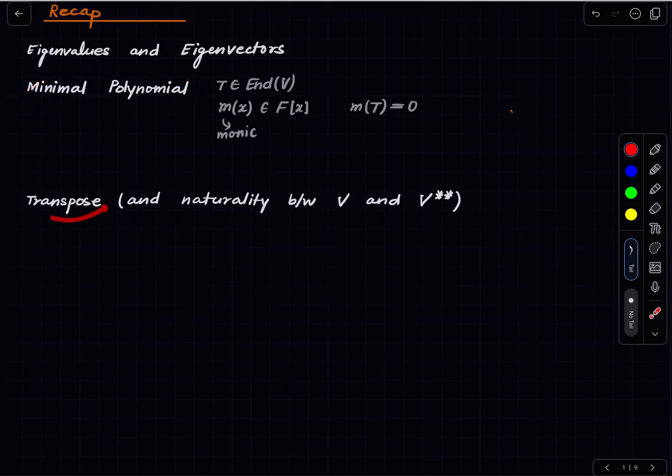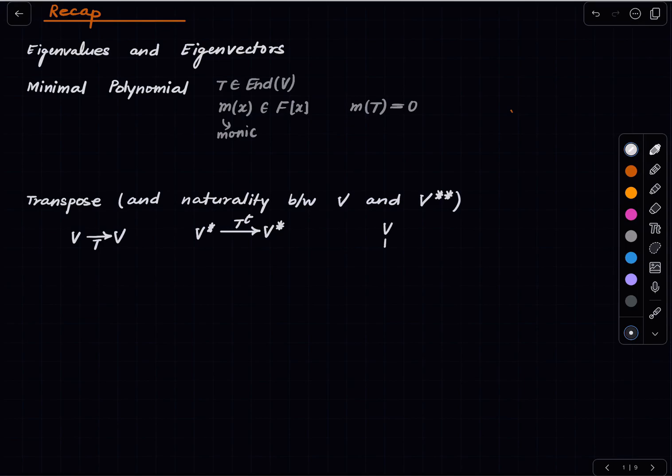All right, and we will need to know what is meant by transpose of an endomorphism and the natural isomorphism between a vector space and its double dual. So once we are given an endomorphism on a vector space V, T transpose is a map from the dual of V to the dual of V. How is it defined?